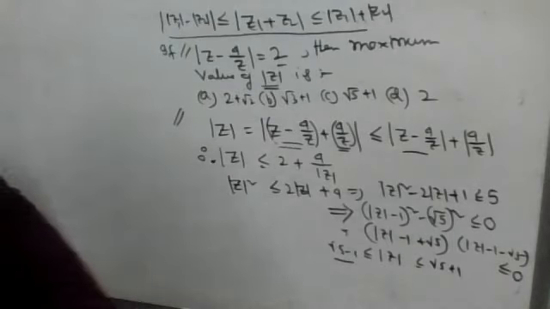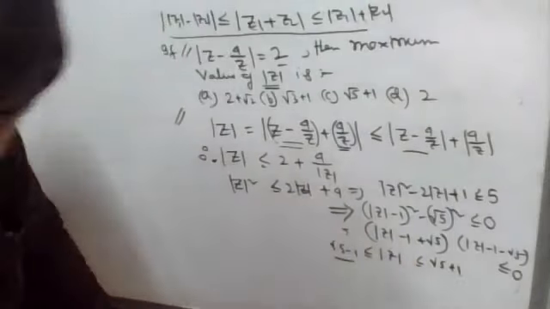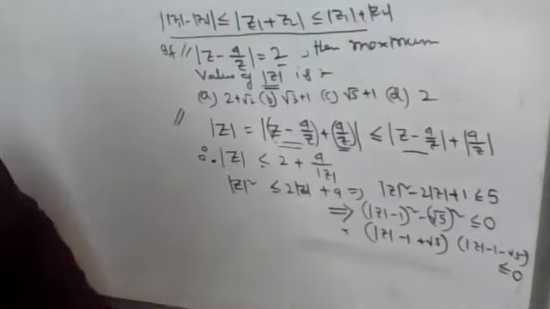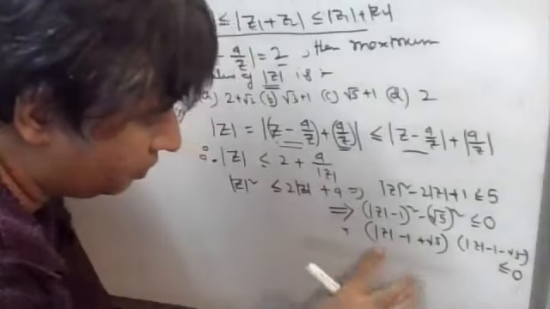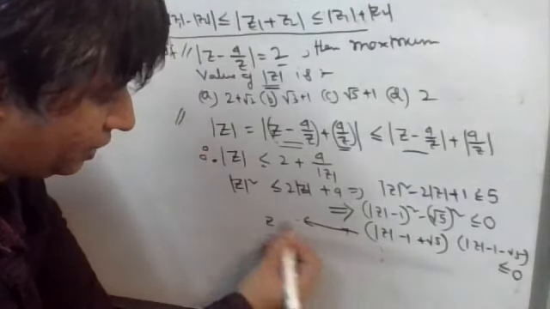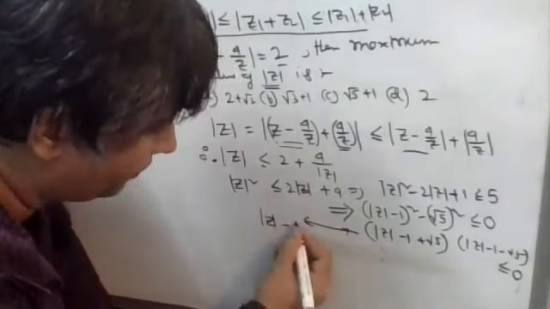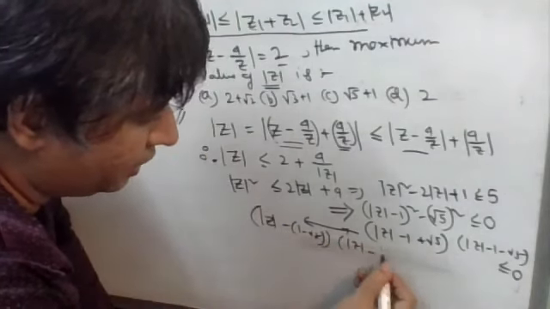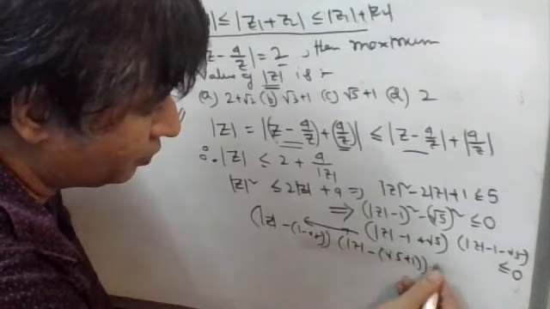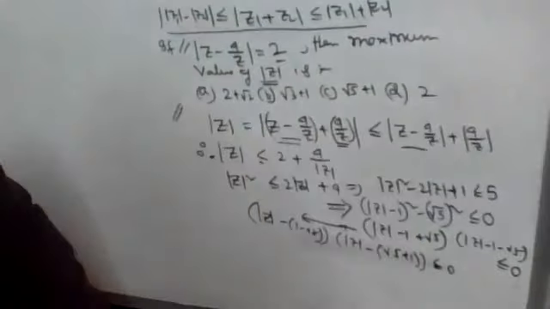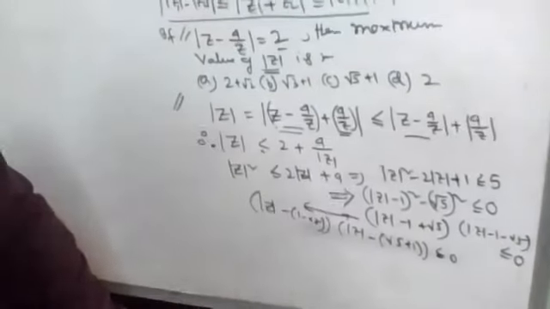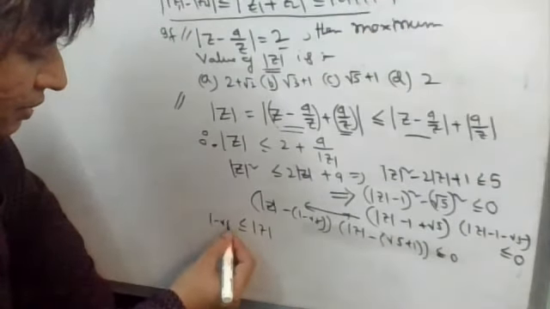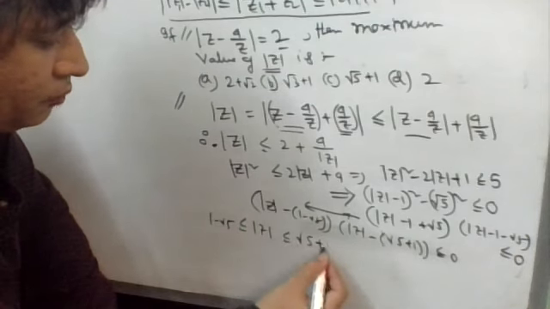You don't have to skip this part. After this part, you write mod z. By the wavy curve method, you can write mod z lies between 1 minus root 5 and root 5 plus 1.